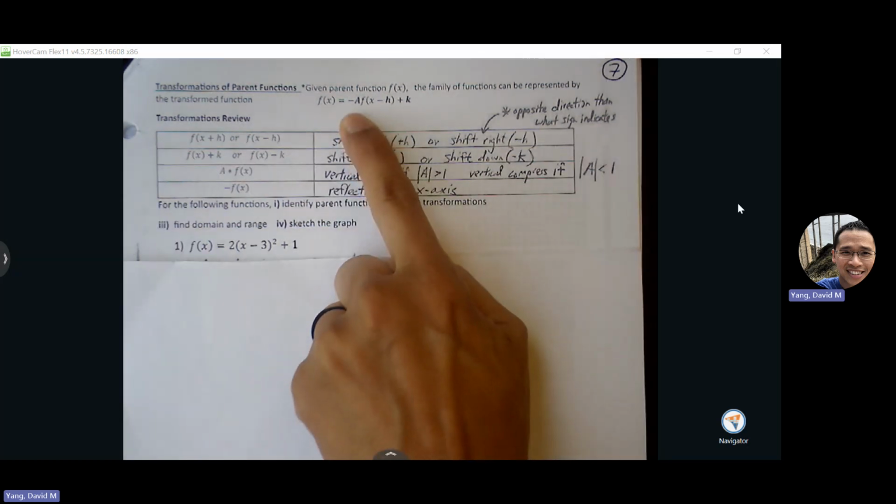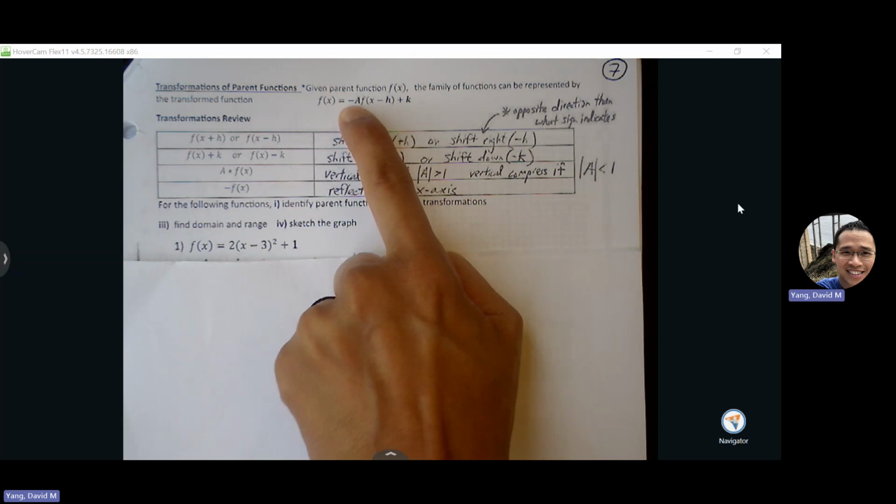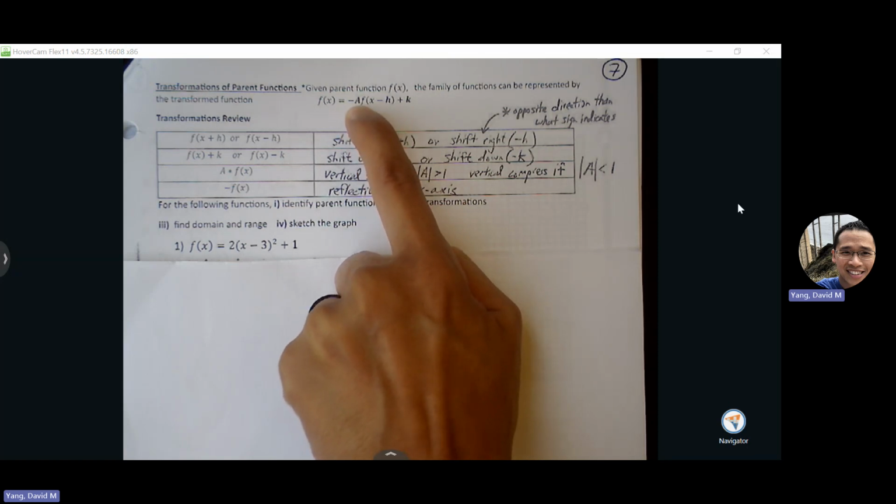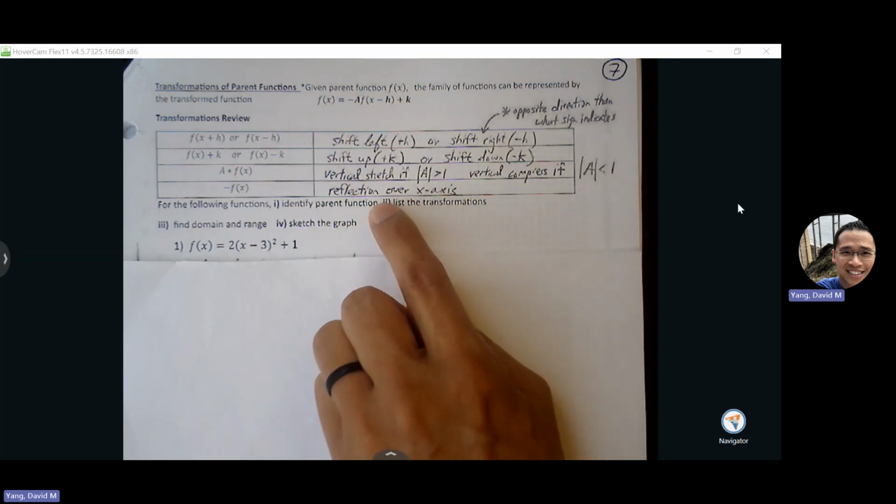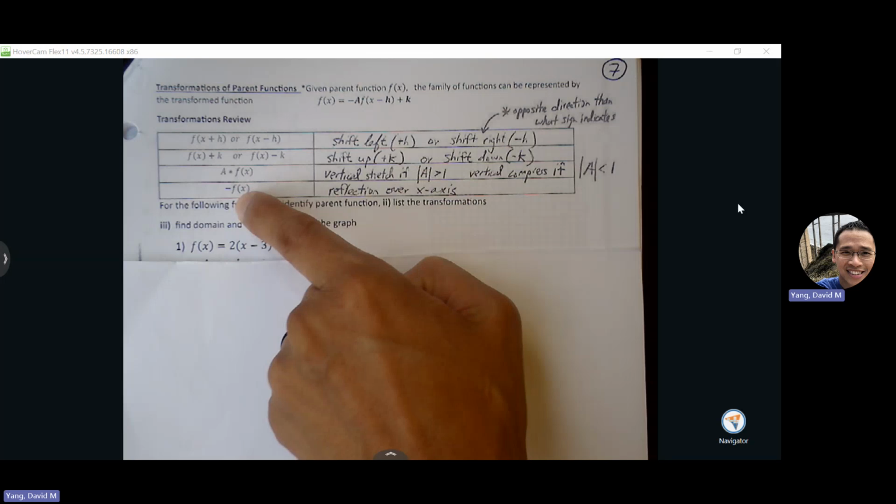Sometimes I've seen students who consider the negative along with the a. So they see a -4 and feel like that's just one transformation. It's actually 2 transformations. We don't want to associate the negative with the number. The negative is something else: it reflects the graph over the x-axis.